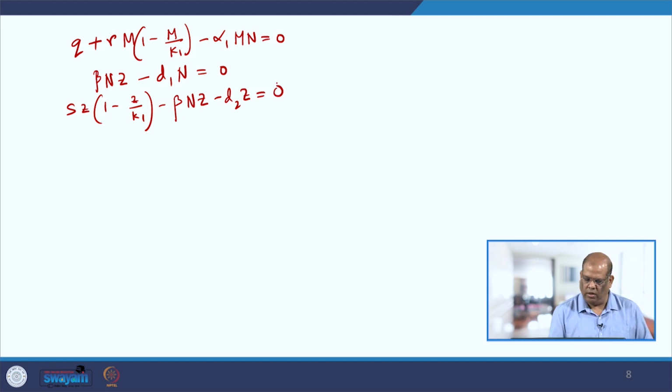Quickly let us check this one, yes. So, you solve this and you get the corresponding equilibrium points. In this case, we will get 3 equilibrium points.